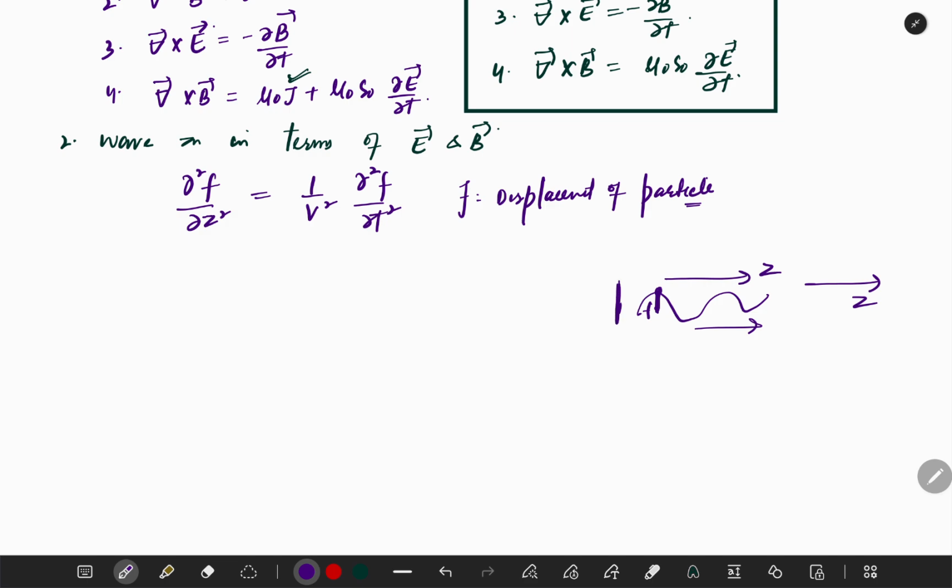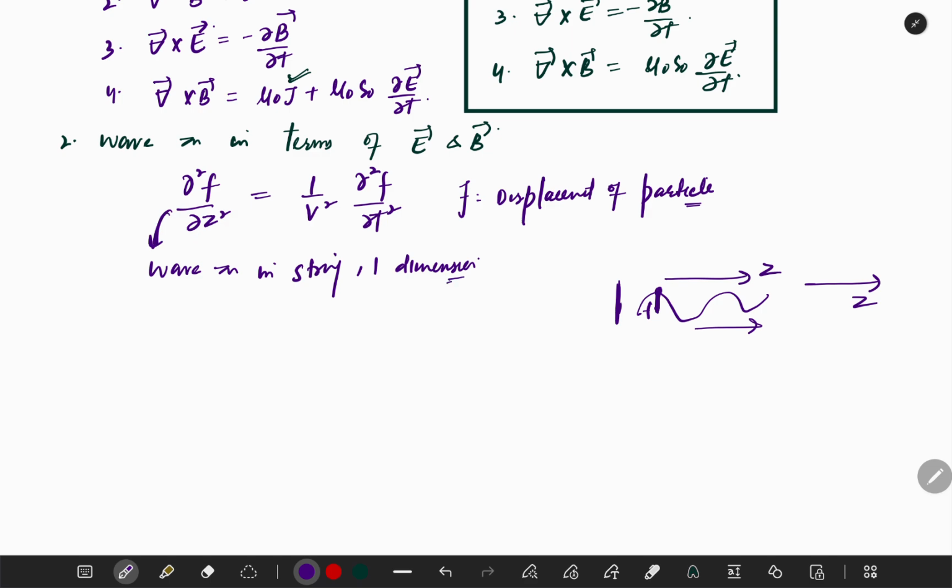I hope you understand the SHM. Actually, particles of the string oscillate, so they do SHM up and down while the wave is propagating along the z direction. So this is the wave equation, the general wave equation in a string, in one dimension.